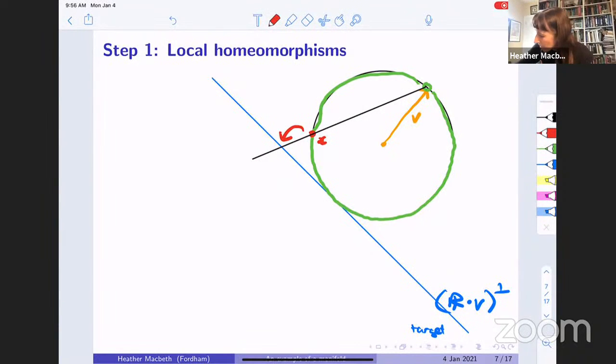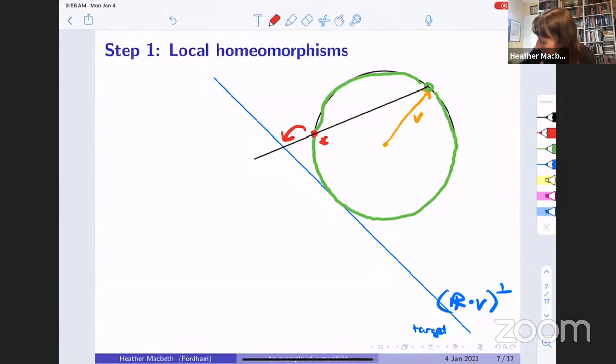If I take a different point, like this one here, then it's going to be sent to here, and so on and so forth. And now a little bit of geometry lets us work out what the formula is for both the to fun and the inv fun, so the forward and backward directions of this projection.